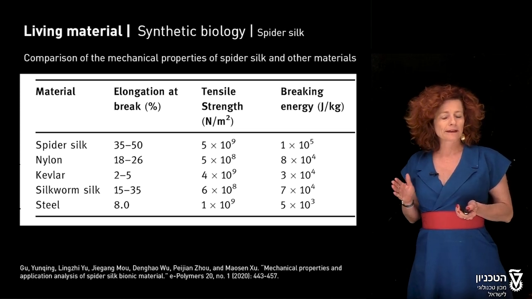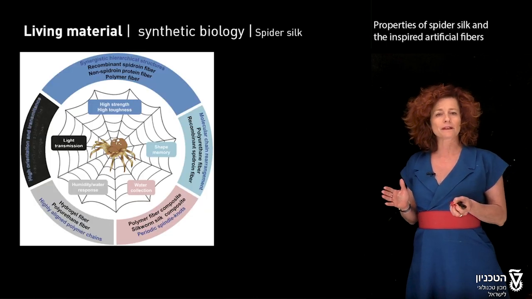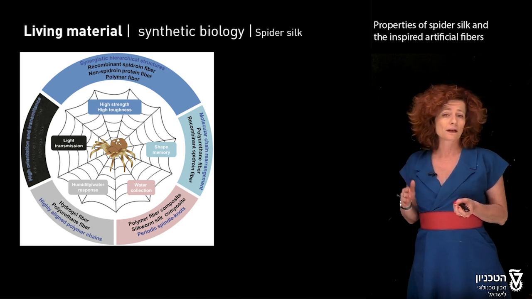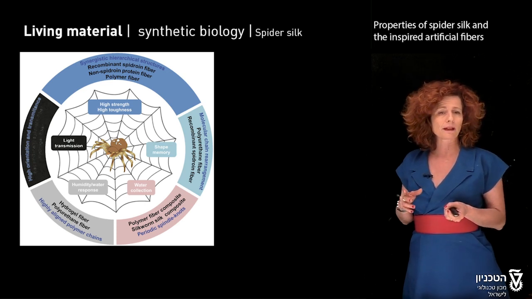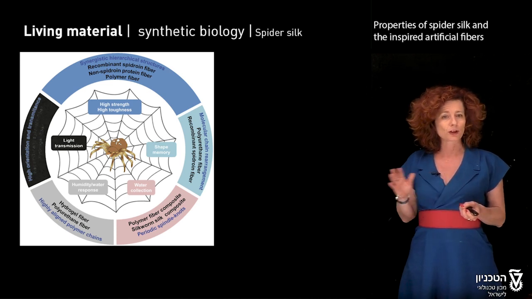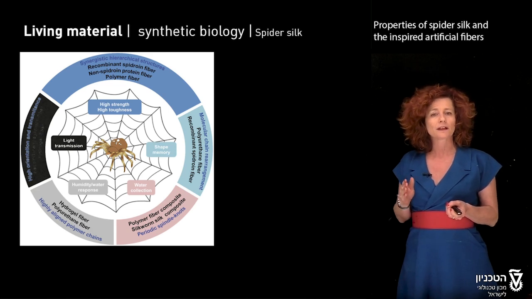These extreme mechanical properties of the spider-silk material, along with other properties like shape memory, light transmittance, ability to absorb water, flexibility, and more, stand at the basis of this global search for artificial fibers that are inspired by, that mimic the spider silk.